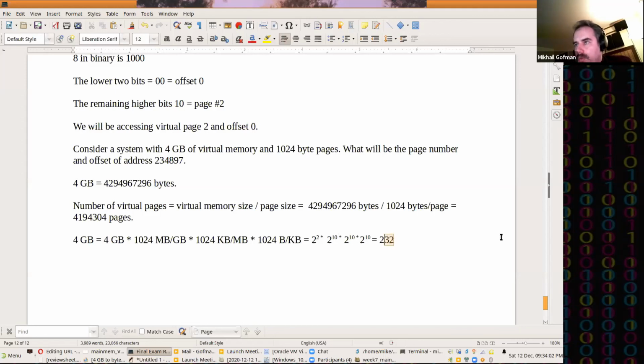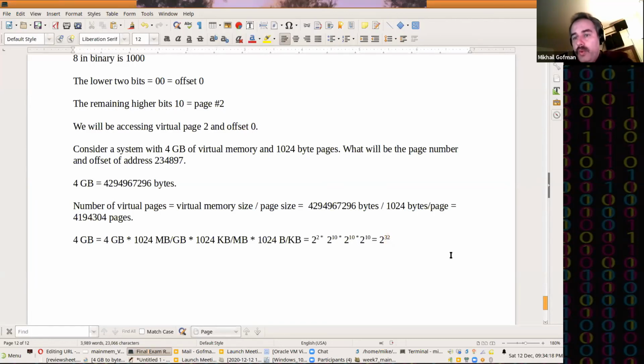So it'll be 2 to the power of 32. Okay. And basically this 32 tells us the length of the address.